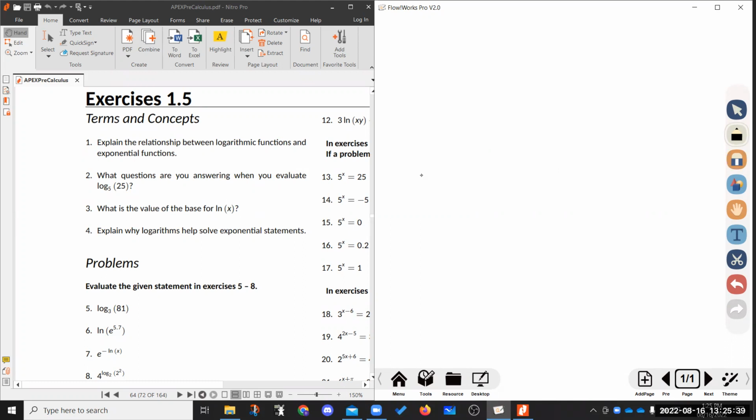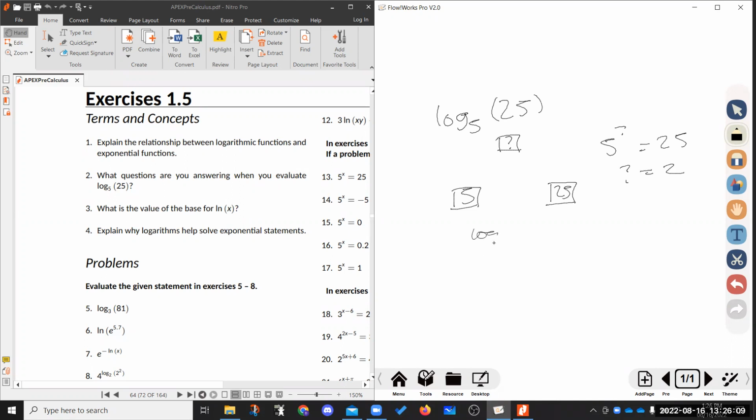What question are you answering when you evaluate log base 5 of 25? Log base 5 of 25 is answering what is the power on 5 that gives me 25. So if I have 5 and I have 25, I want to know what the power on 5 is that equals 25, and the answer is going to be 2.